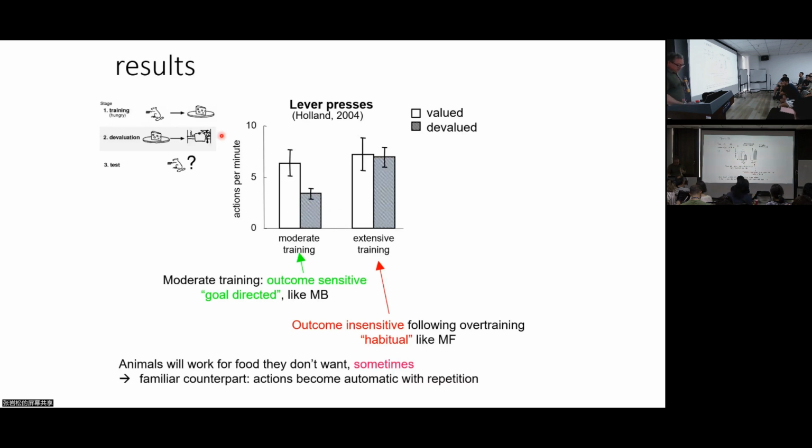So the view of the behavioral psychologists had been that there were 2 systems in the brain responsible for these 2 things. And again, this is part of why we started talking about model-based and model-free learning being distinct systems. One reason they thought that was they paired these experiments with lesions.